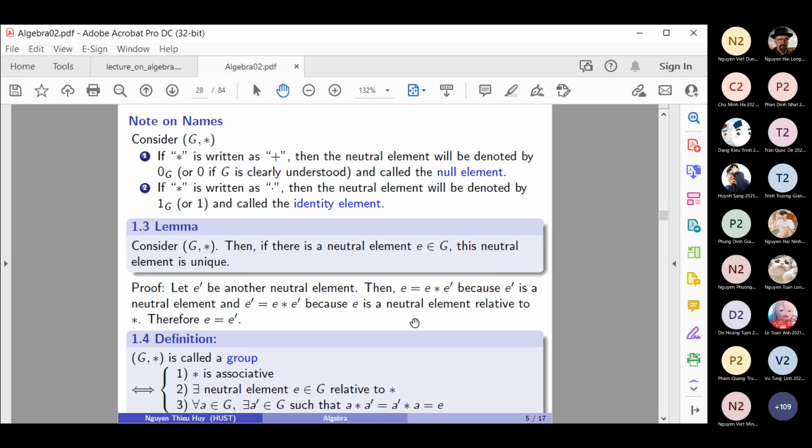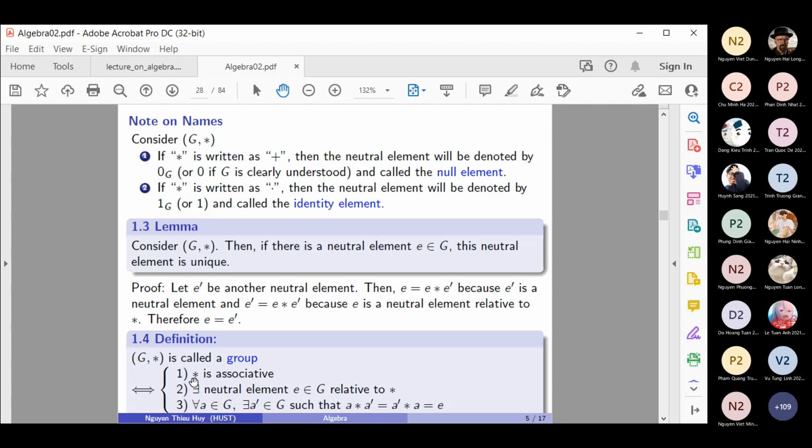So here's the definition of the group. You have an algebraic structure (G, star), as above, where G is a non-empty set and star is a binary operation on G. Now this algebraic structure is called a group if and only if these three properties hold true, right?